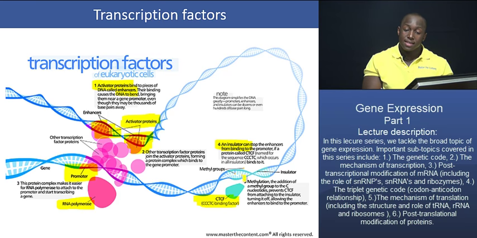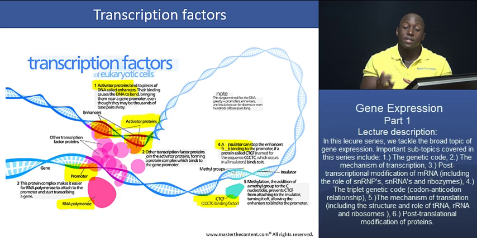And once that insulator sequence is bound to that protein, CTCF, it can then block the action of enhancers. So it can prevent enhancers from actually associating with the promoter region. So that's one way through which transcription can be negatively regulated or negatively controlled or slowed, if you like.